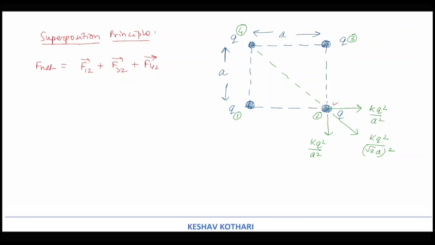So if we do the vector sum of all these forces, I can say that the force exerted by 1 on 2 and 3 on 2 are equal in magnitude, and hence the resultant of F12 and F32 will be in the direction of the diagonal line. Hence I can say that the net force is going to be root 2 times kq square by a square plus kq square by 2a square, and it is in the direction of the diagonal, that is in this direction.